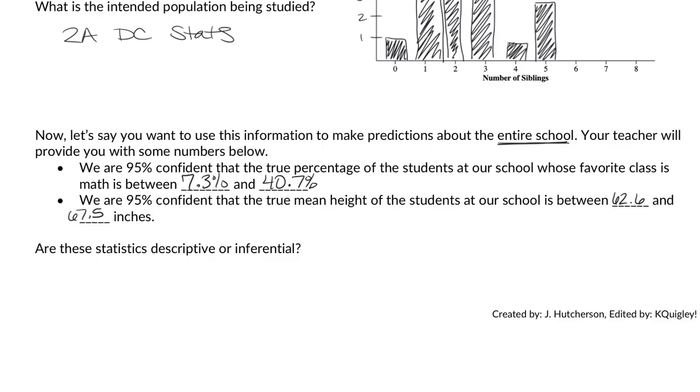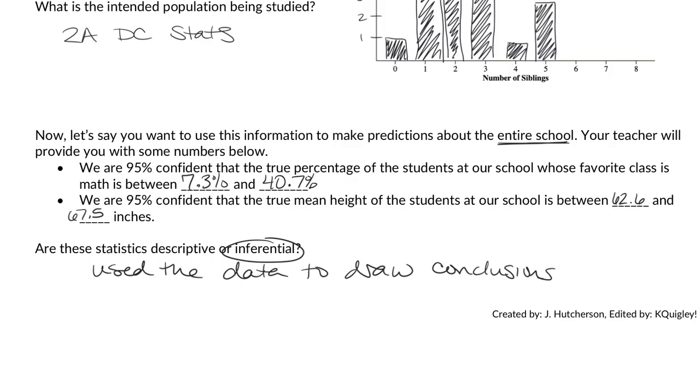This is now the kind of statistics that is inferential, because I've taken data that could have just been described, but I have used it to draw conclusions outside of the data that I actually have in the study.